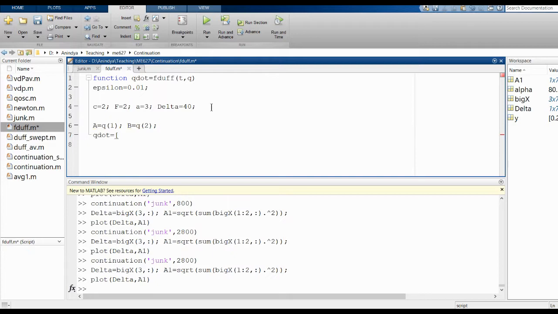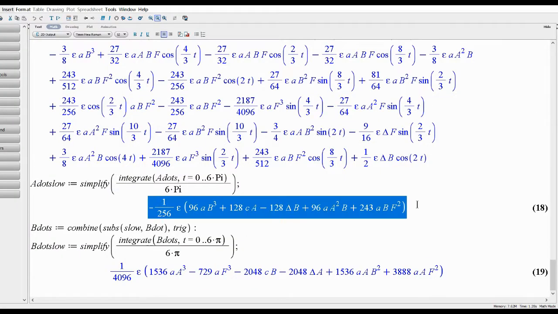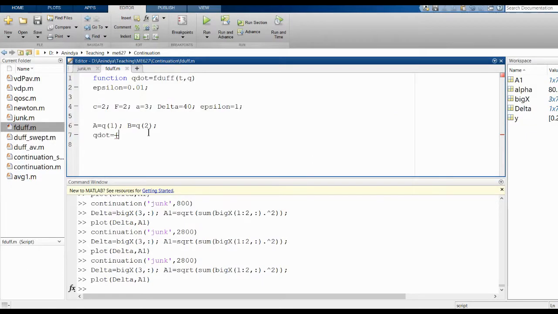Now I will set epsilon equal to 1, it doesn't matter. And then I will come here and choose this. This is A dot.